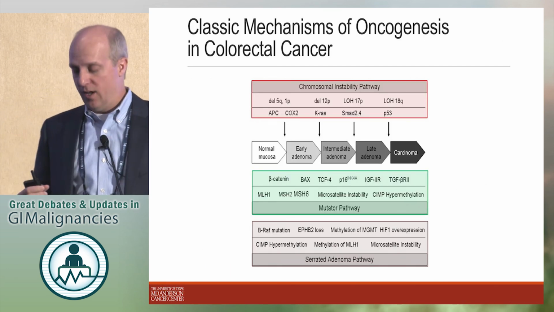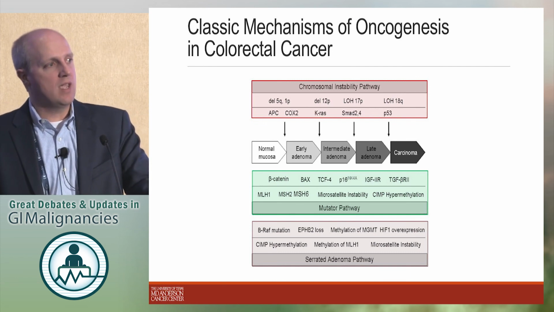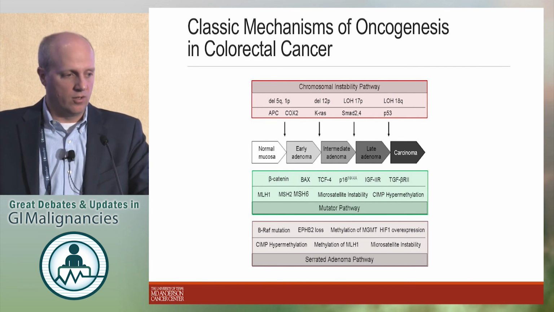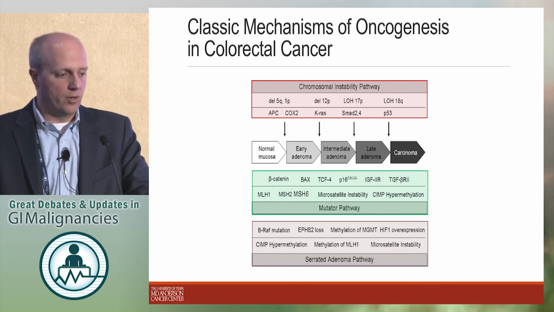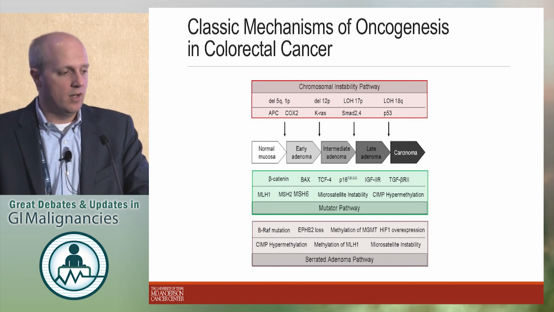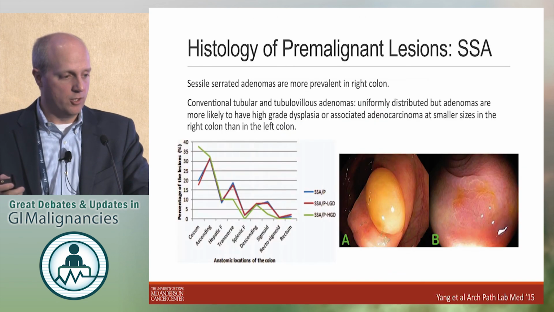The other way to look at what's going on in the normal colon is to ask what sort of precancerous lesions we see. We know the classic chromosomal instability pathway gives us tubular adenomas, but there are other ones, including the sessile serrated adenoma pathway, which is associated with a lot of this hypermethylation.